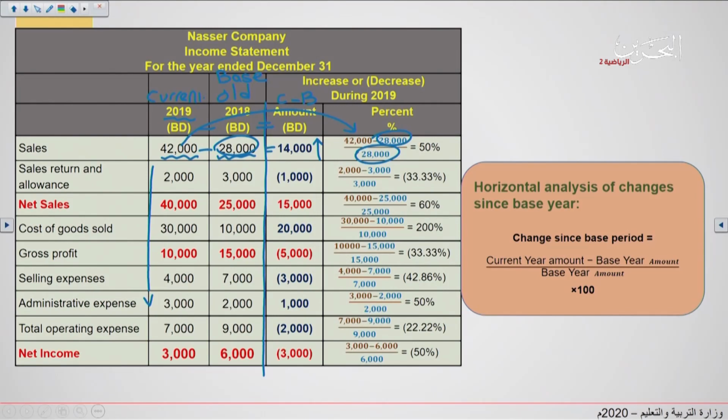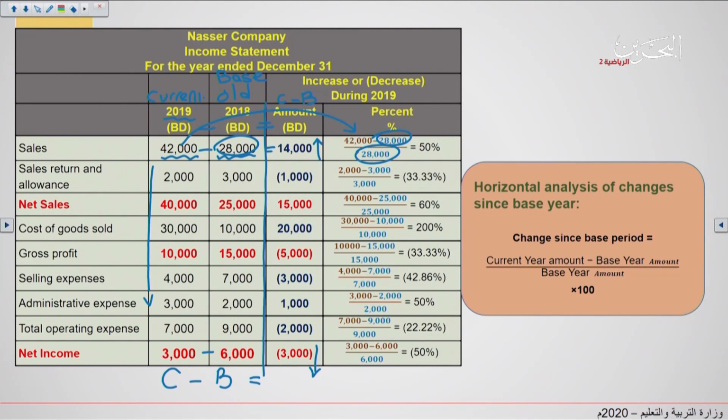Let's take the net income. The current amount is 3,000, minus the base amount. This is the base, this is the current, equal to the amount. So it decreased. Why a decrease? Because the answer is minus.